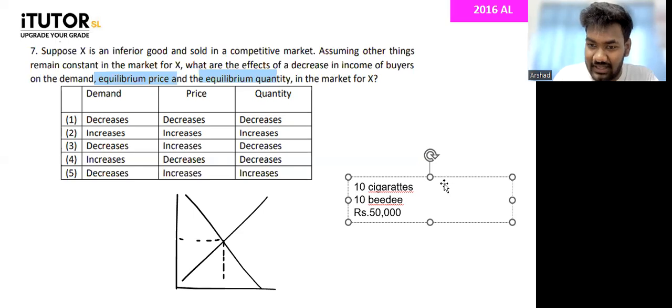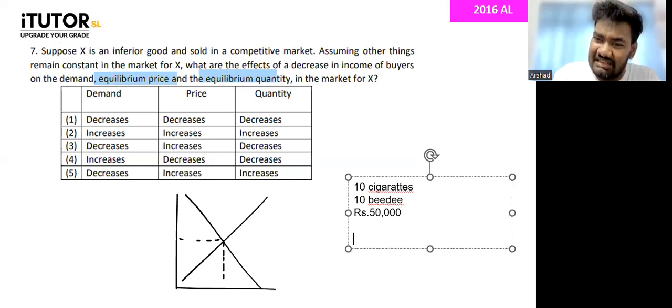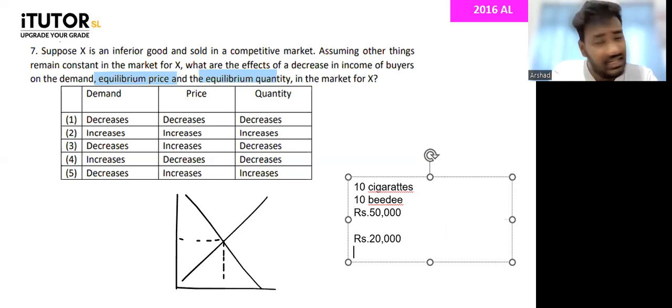So can you tell me, guys, now let's say this person's income decreased to 20,000. Earlier he was earning 50,000. Now let's say he lost his job. It decreased to 20,000. What do you think happens to the amount of BD that he consumes? In total, he consumes 20 cigarettes and BDs combined. So now what would most likely happen is the normal good, he would buy less. Cigarette is the normal good.